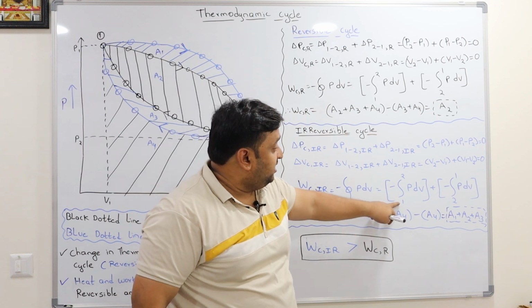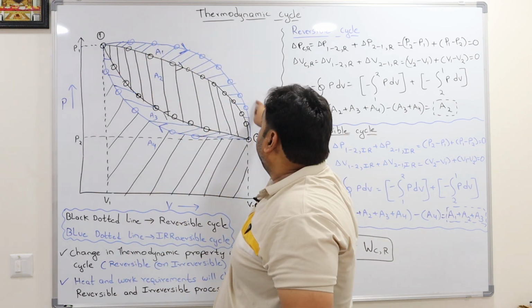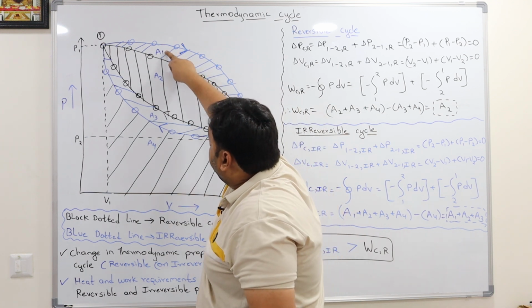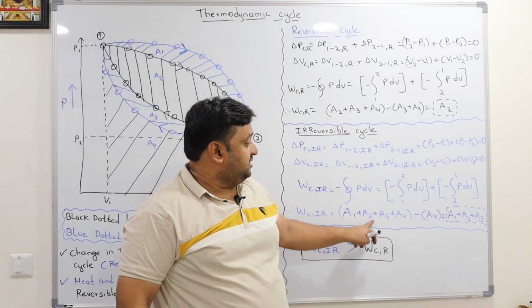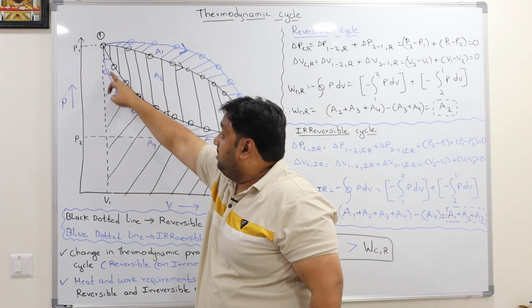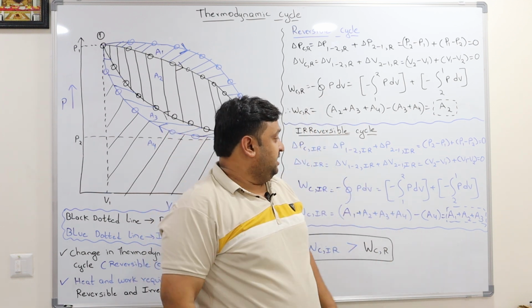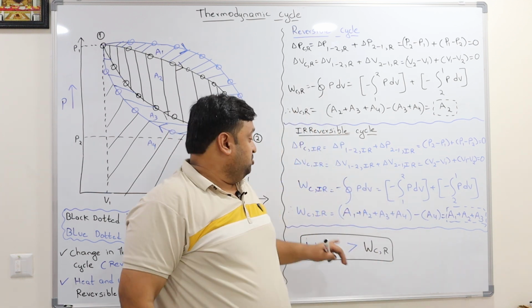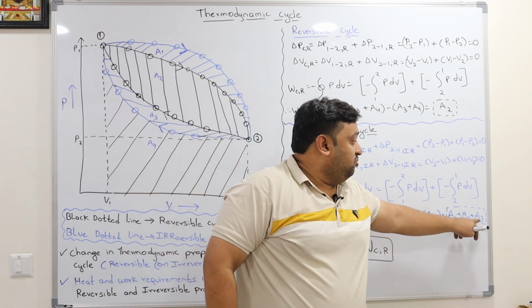What is the area under the curve from 1 to 2 for the blue one? This is the blue one. That means the area under the curve is A1 plus A2 plus A3 plus A4, minus, in this reverse one, the area under this blue curve is only A4. So net work in a cycle is A1 plus A2 plus A3.